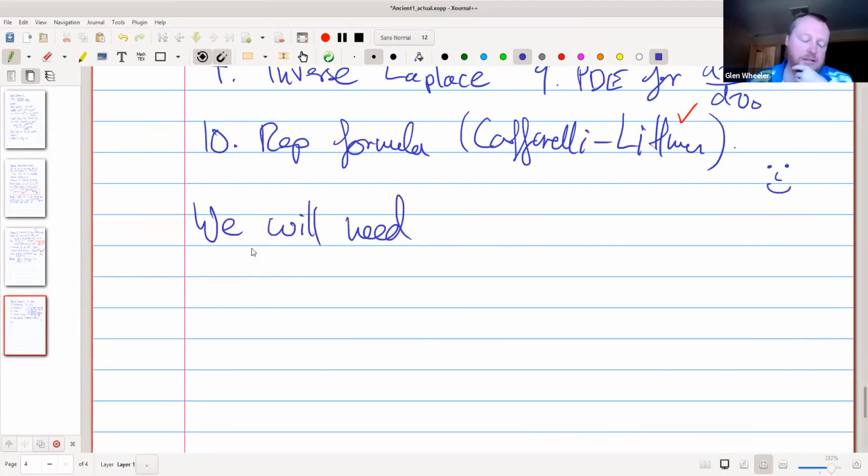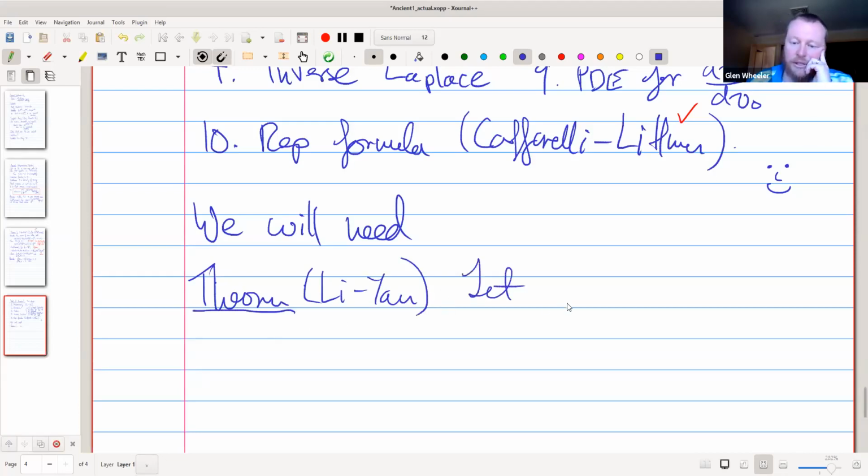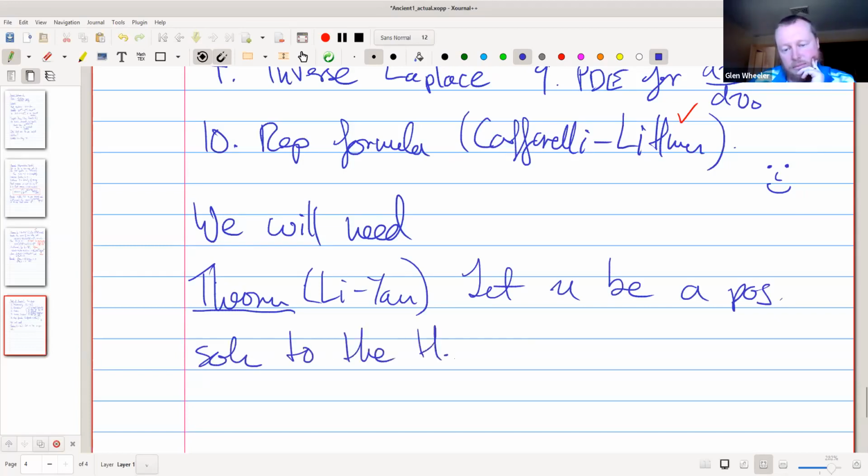Okay, so we're going to need the Li-Yau theorem. And it goes like this. You let u be a positive solution to the heat equation in, and I'm going to use the local version.